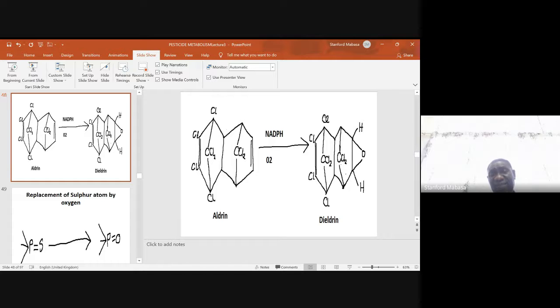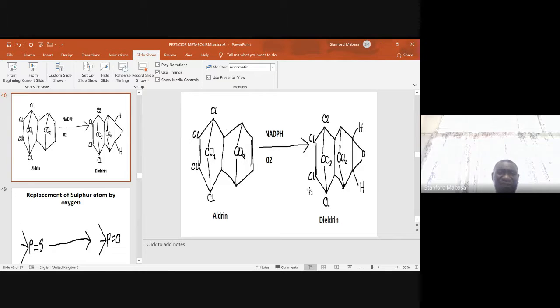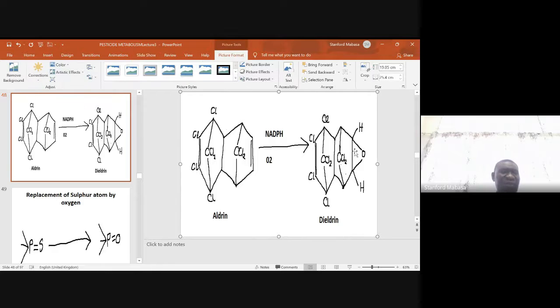It's an insecticide, and we can affect this portion here through oxidation and add oxygen. Once we have done this, this becomes an epoxide. The epoxide is now dieldrin. But after epoxidation of aldrin, it doesn't mean dieldrin becomes less toxic. Actually, it becomes very toxic. So sometimes the change can lead to a very toxic substance.